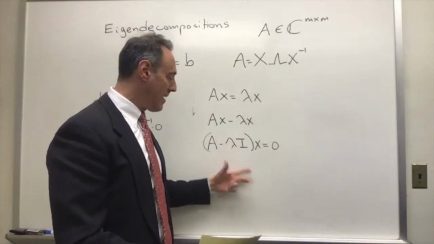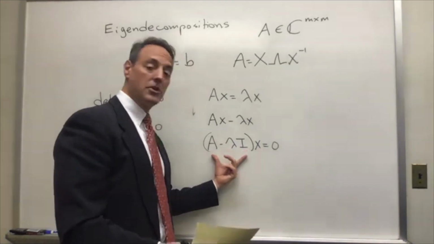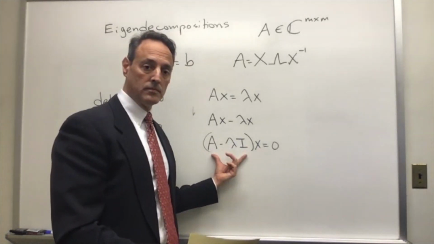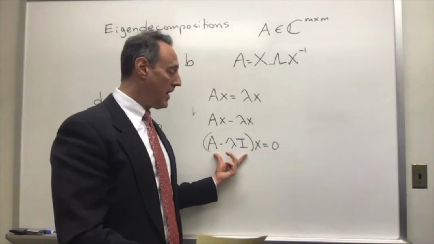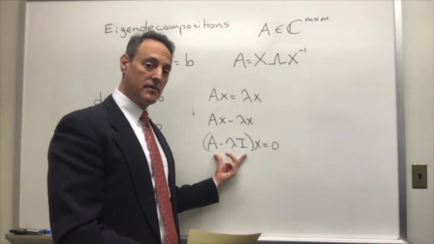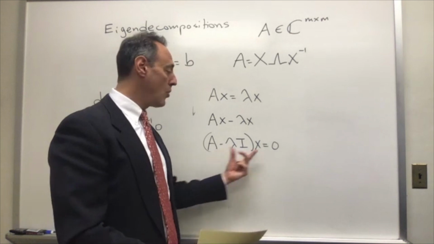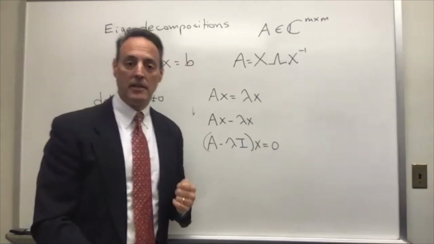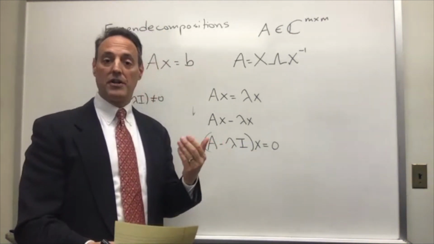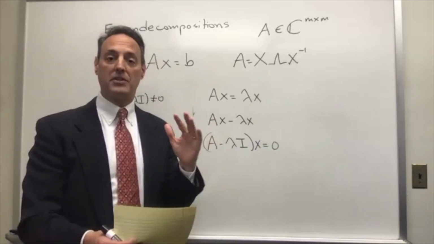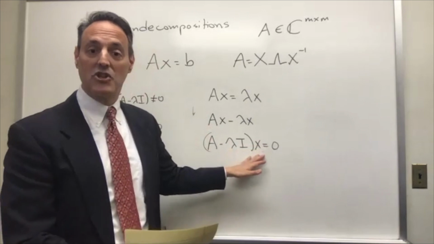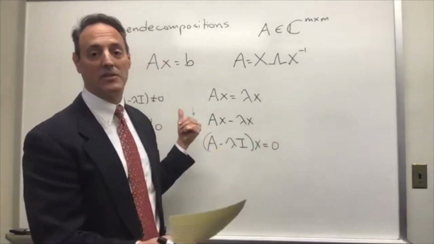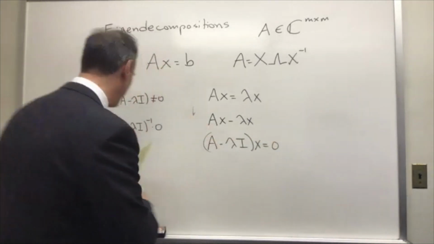I'm going to pick the lambda so that the determinant of this is 0. And if the determinant of this is 0, then it doesn't have an inverse. And then there's two options for x. Either I have a solution for this or I have no solution for this. And we're going to talk about these as we go forward. But I can find, in fact, an x that's non-zero that satisfies this equation. Okay?